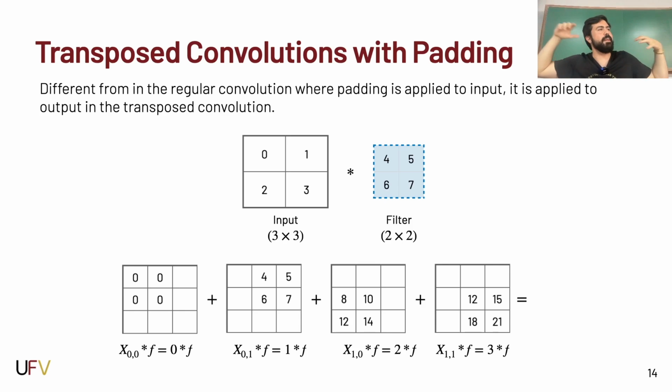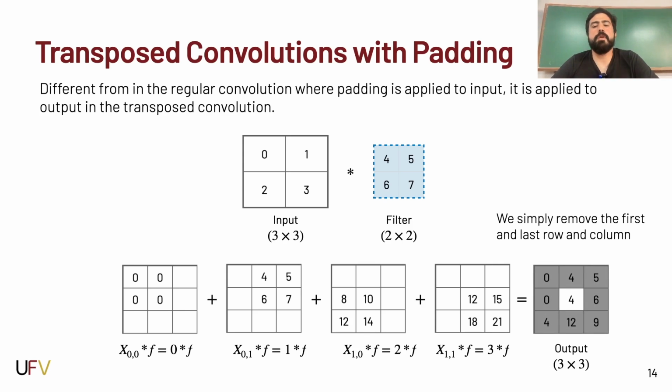So if you want to increase the size of your feature map, you can actually add lots of padding to your input. That would make the output bigger than the input. So that could be one way of doing upsampling. But this is more common and effective. But here the idea is the opposite. We use padding to reduce the size of the image.